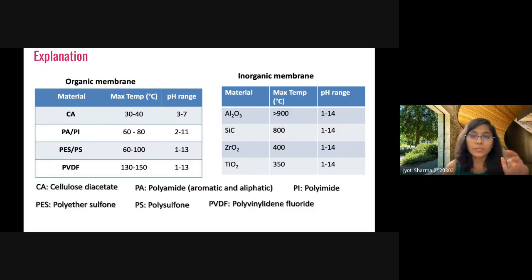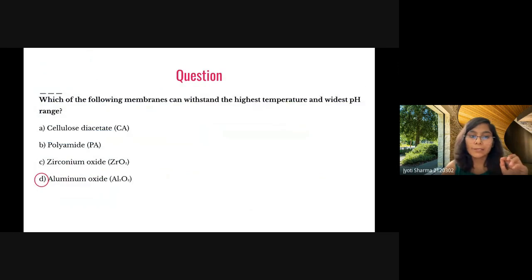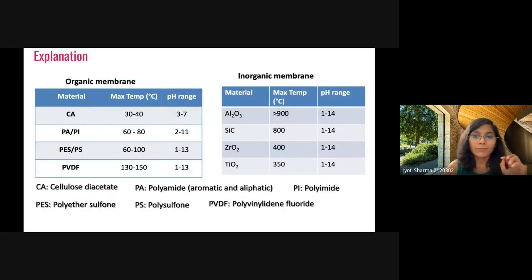If you see aluminium oxide, this can withstand a maximum temperature of more than 900 degrees Celsius and pH from 1 to 14. So that's how this inorganic membrane made up of aluminium oxide is best suited where there is high temperature and a wide pH range.